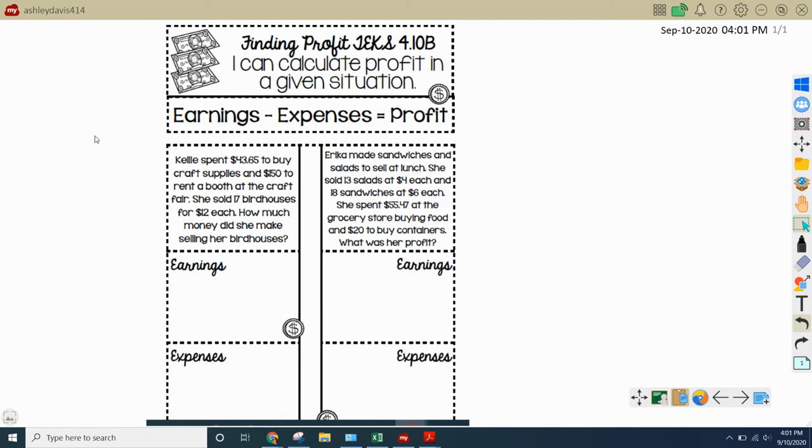This is called a formula right here: earnings minus expenses equals profit. To wrap your mind around that, we're also going to call earnings our sell price, and we are going to call our expenses the cost to make.